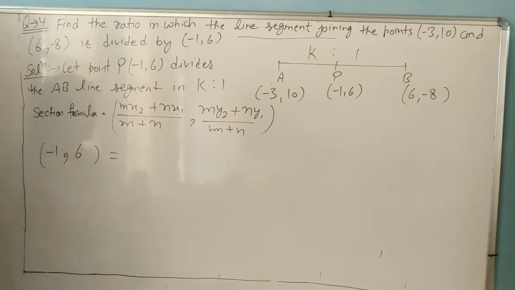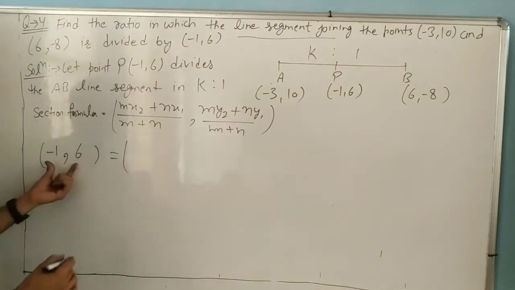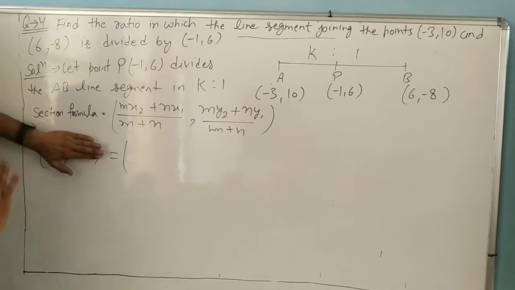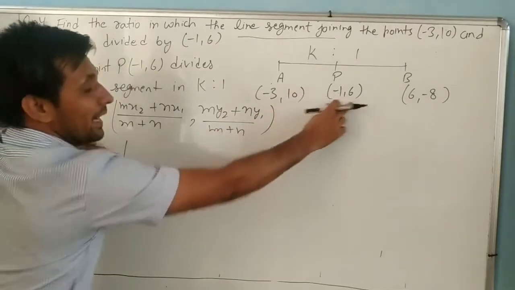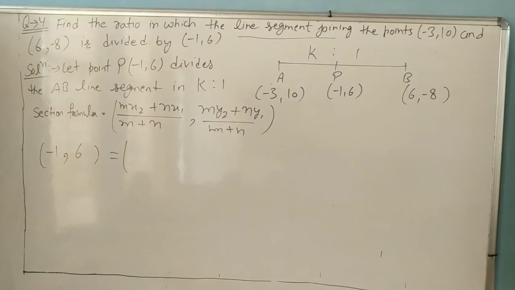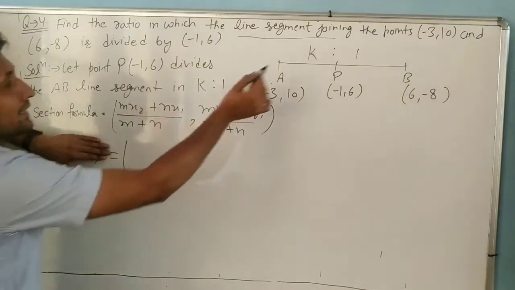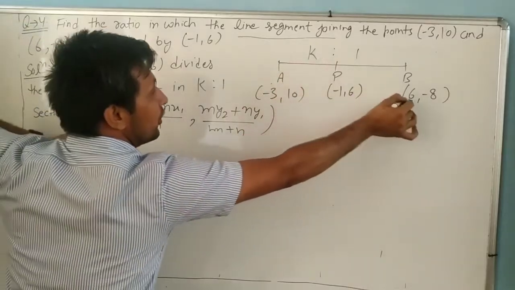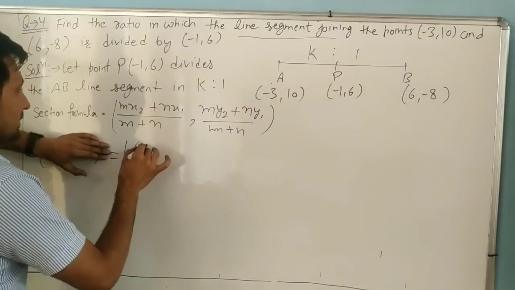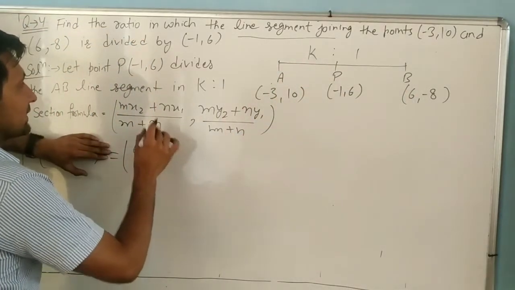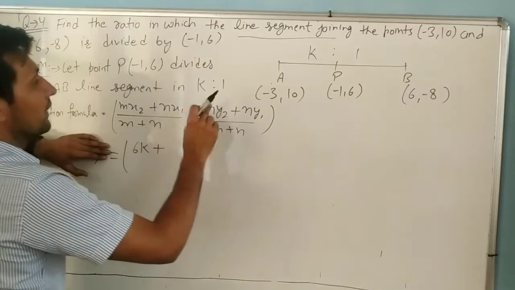So every time we write x and y and find the values of x and y. But here x and y are already given: -1 and 6. So how will you find these coordinates? What is m? K. K into 6, 6k, plus n into x1.